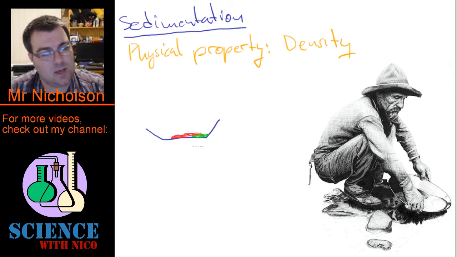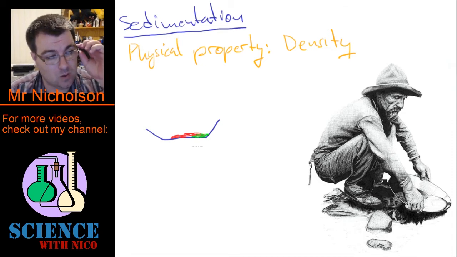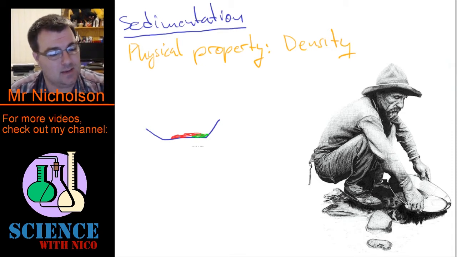Then you can pour off the liquid and the less dense particles by a simple process of decanting them off the top. That lets you concentrate and collect your more dense particles, and that's useful to gold miners, given that gold is quite dense compared to the other minerals that it is found with.